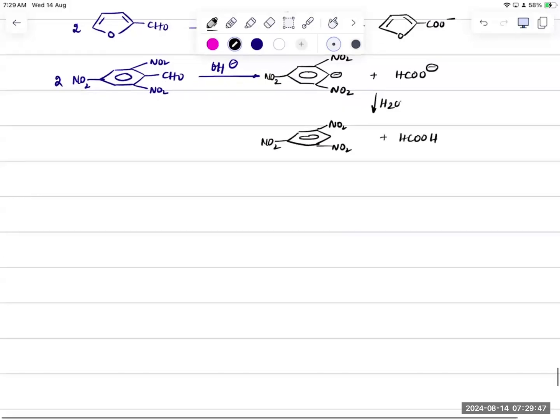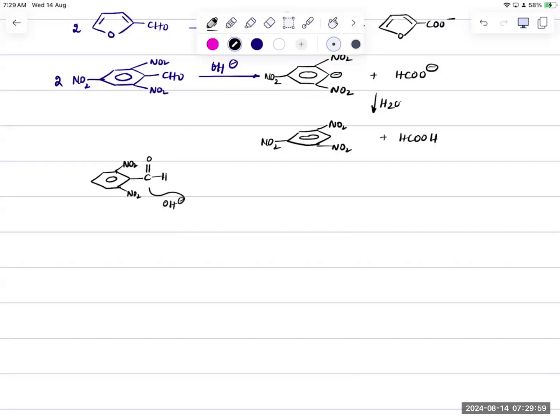Okay. Check here. C double bond O, H. We have NO2 and NO2. OH minus attacks. As soon as the OH minus attacks here, we will get CH, O minus and OH, and here I have NO2 and NO2.